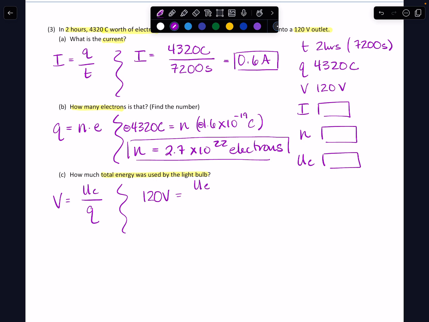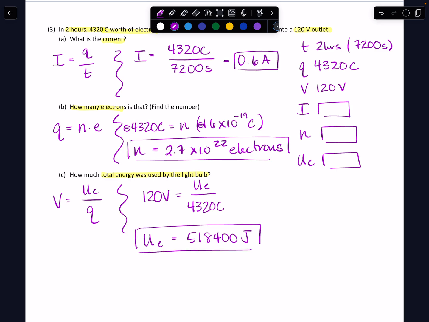Some energy is then required to move 4,320 coulombs worth of charge. So the amount of energy that I need is 518,400 joules. That's a lot of energy. So I'm going to need that much energy to move that amount of charge at the rate of 0.6 amps.